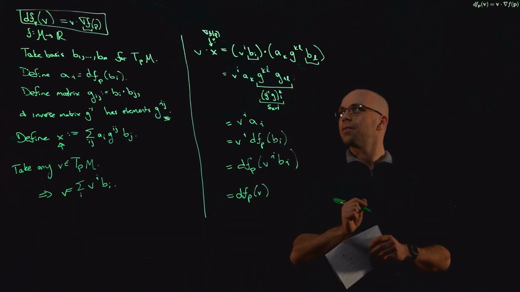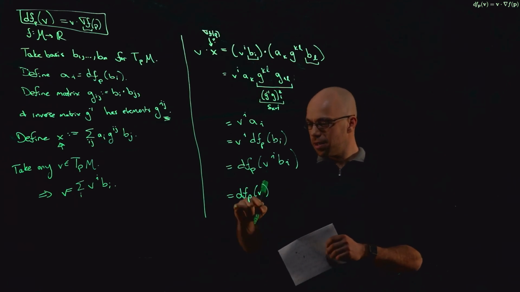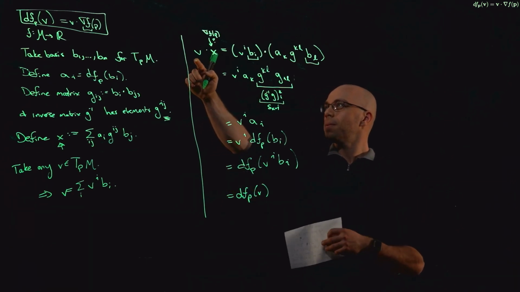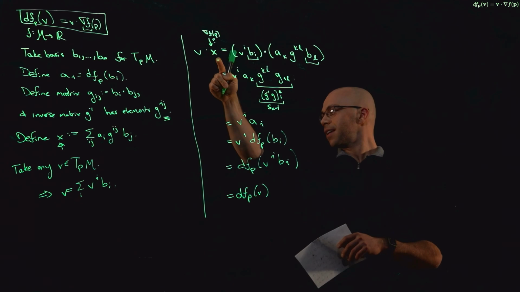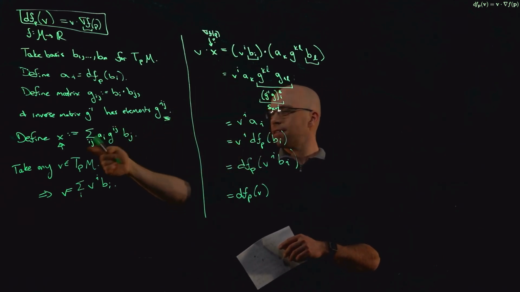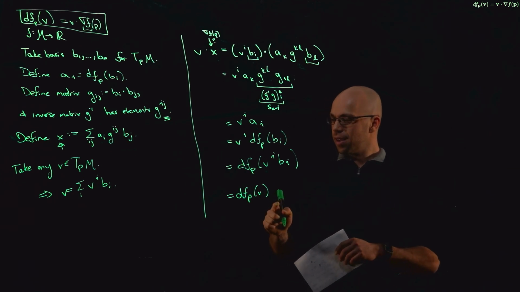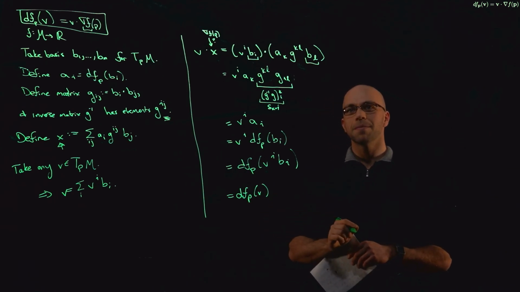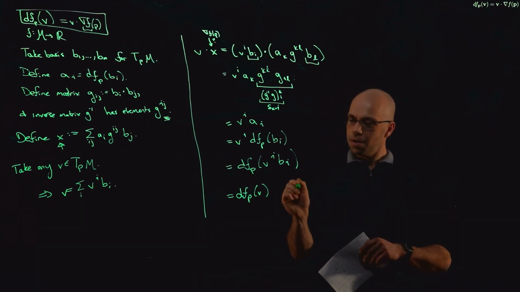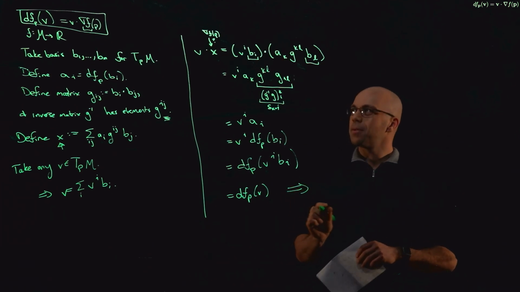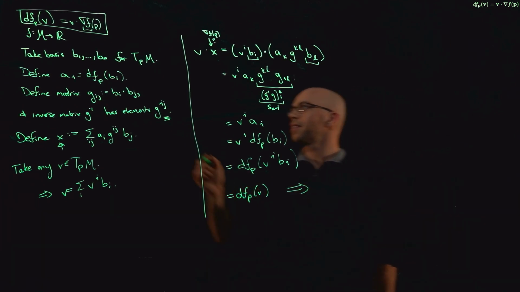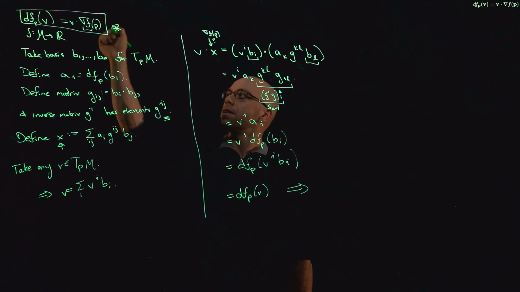So what did we show? We showed if we took the dot product between an arbitrary vector v and this thing x that we defined, and notice that x has no v dependence, then what we actually got was df evaluated at p. So what did we show? Well, we showed that essentially this relationship is true.